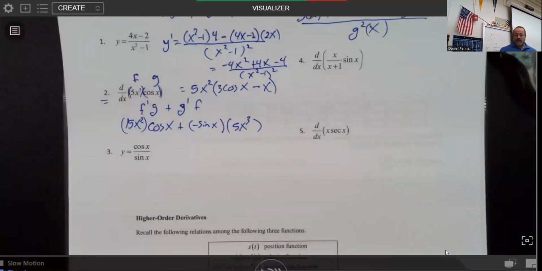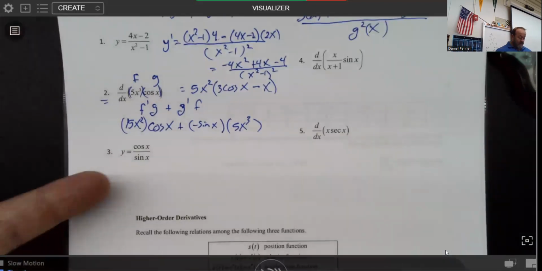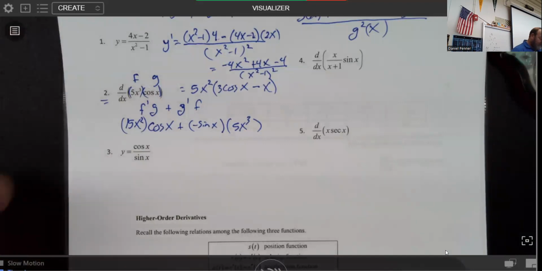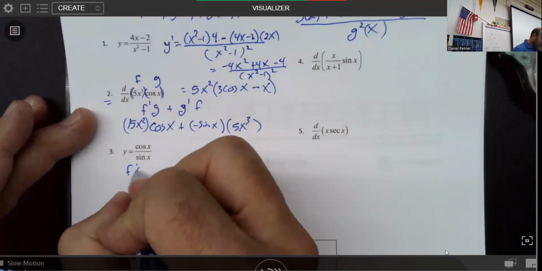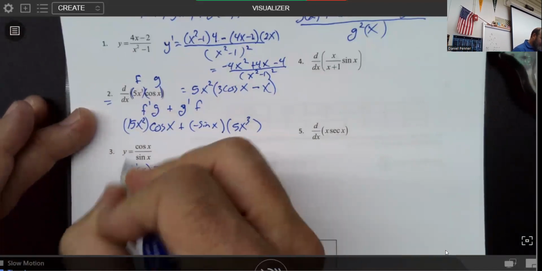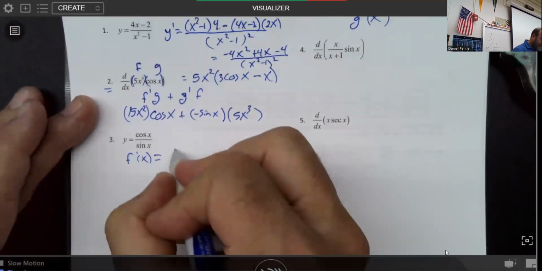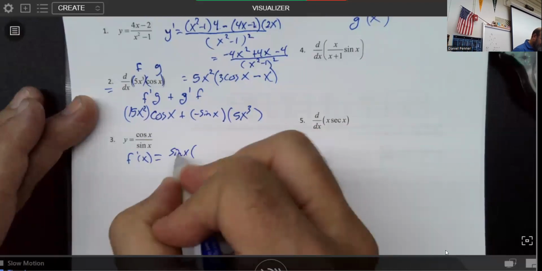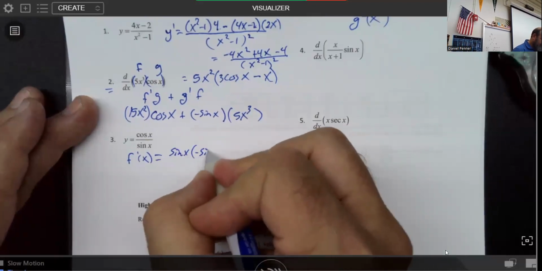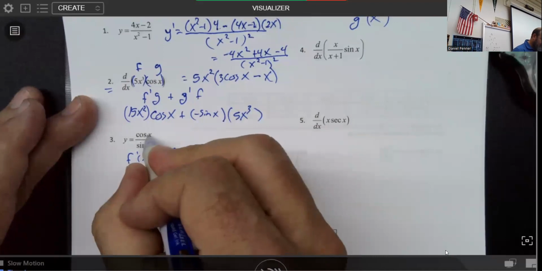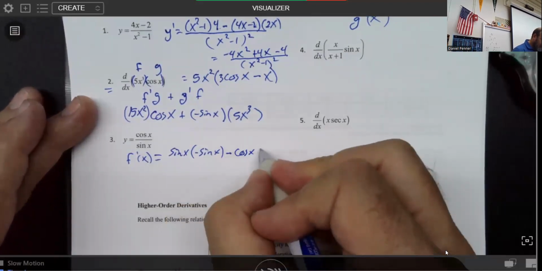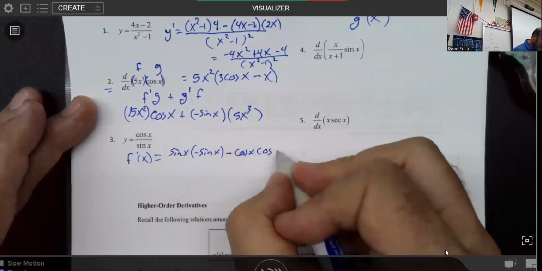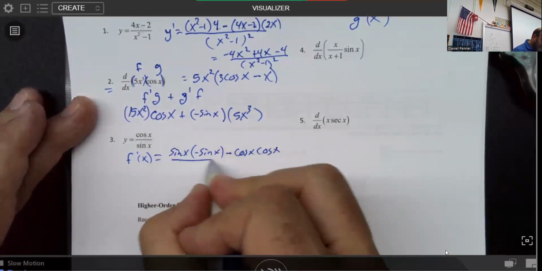Now, this is nice because we're literally just looking at the derivative of a cotangent here, and it's useful to do. So my derivative of this function, if we were calling this whole thing f, would be low, d high, because remember the derivative of a cosine is negative sine, minus high, d low, which again the derivative of the sine is the cosine, over the square of what's below.